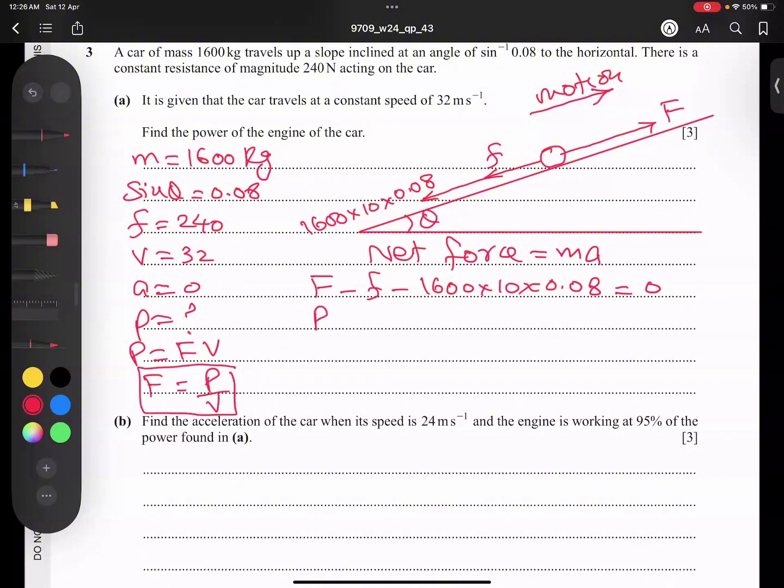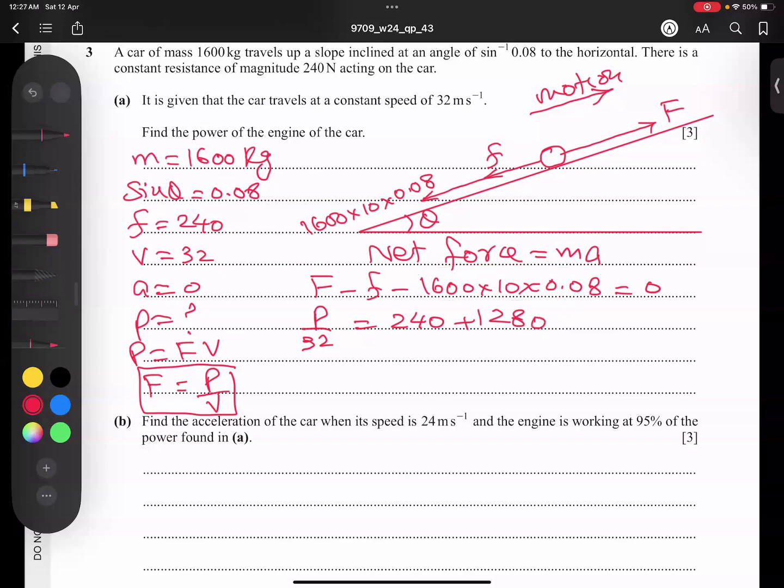So power by V, V is 32. Simply plug in all the numbers. And these two values, because of the negative sign, I will bring on the other side. So F is 240, which becomes positive. And if I type this whole thing in the calculator, 1600 times 10 times 0.08, it comes to be 1280.